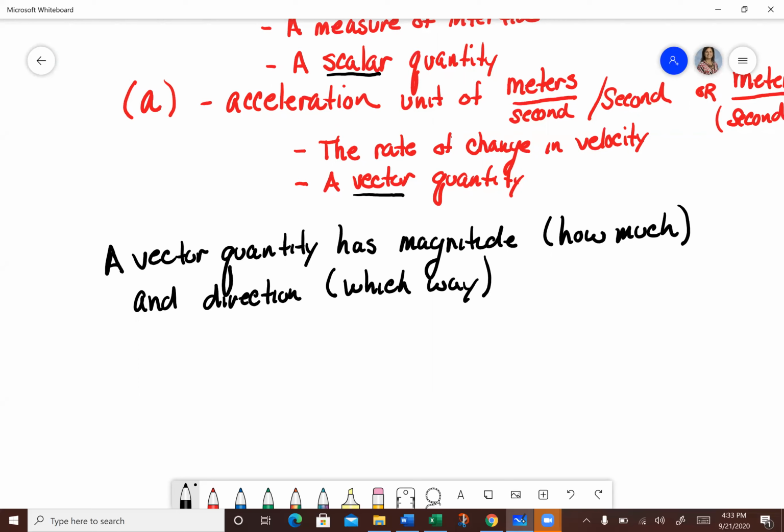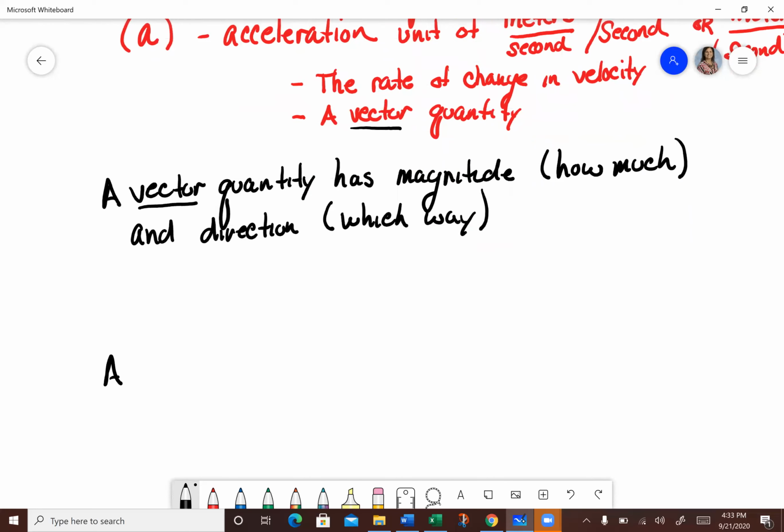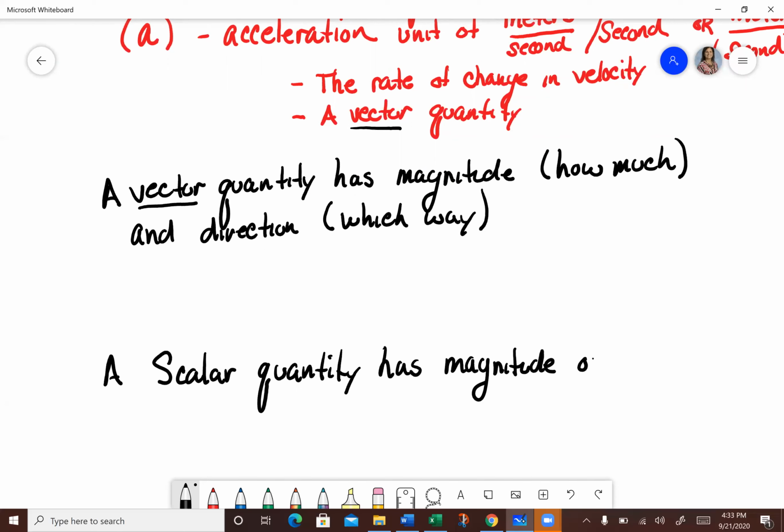Whereas a scalar quantity has magnitude only. We're only worried about how much it is. There is no direction to go with that.